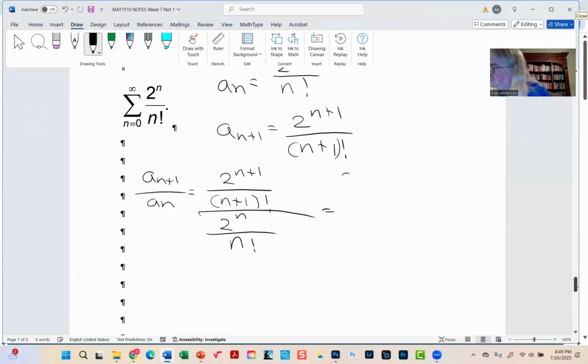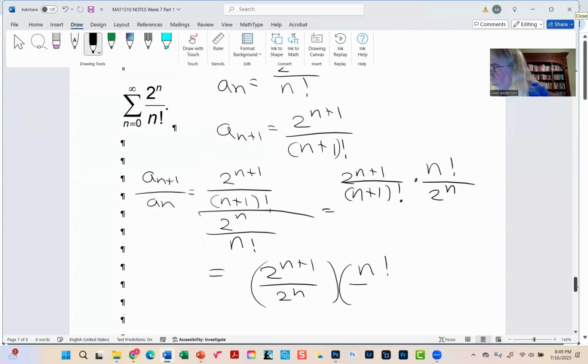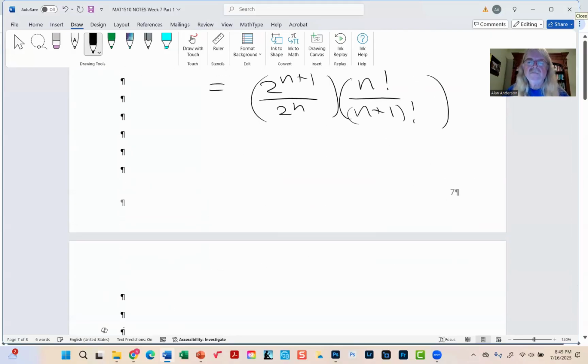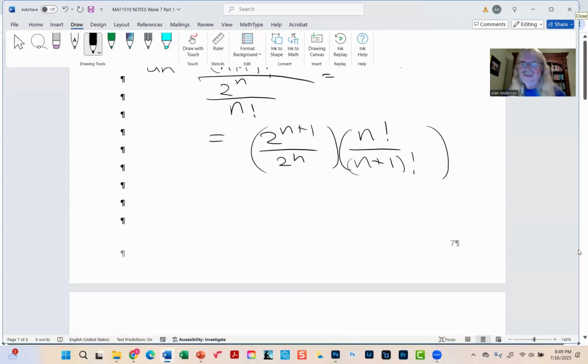And we multiply it out. So if you have a factorial over n plus 1, it would be like having 3 factorial over 4 factorial.